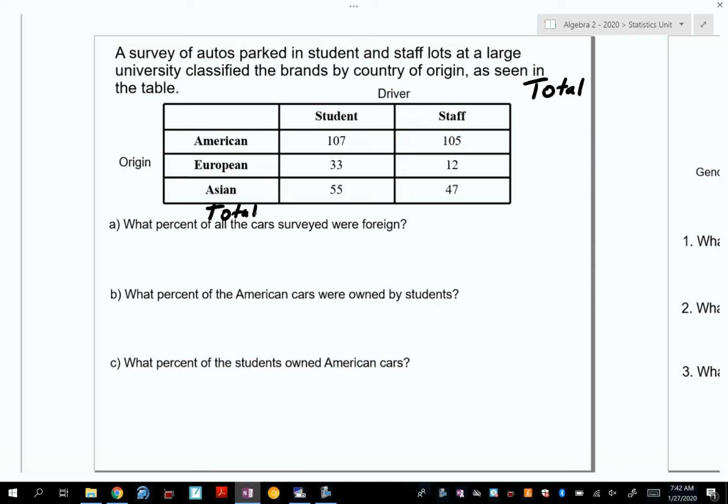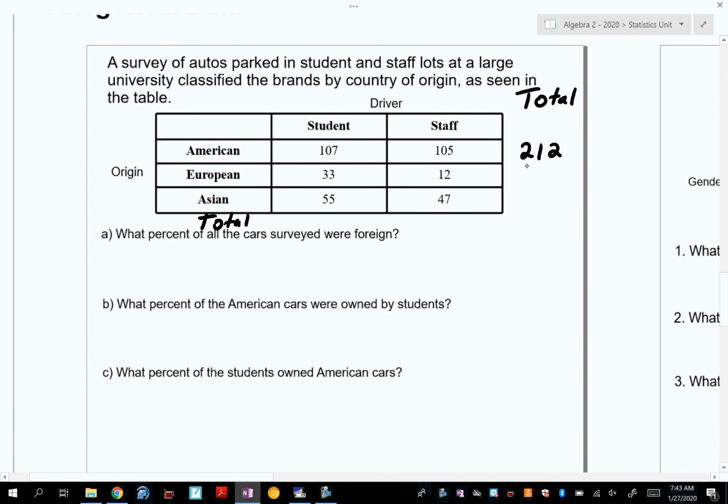So let's find first, how many total American cars are there? 212, very good. How many total European cars are there? 45, excellent. How many total Asian cars are there? 102, okay?